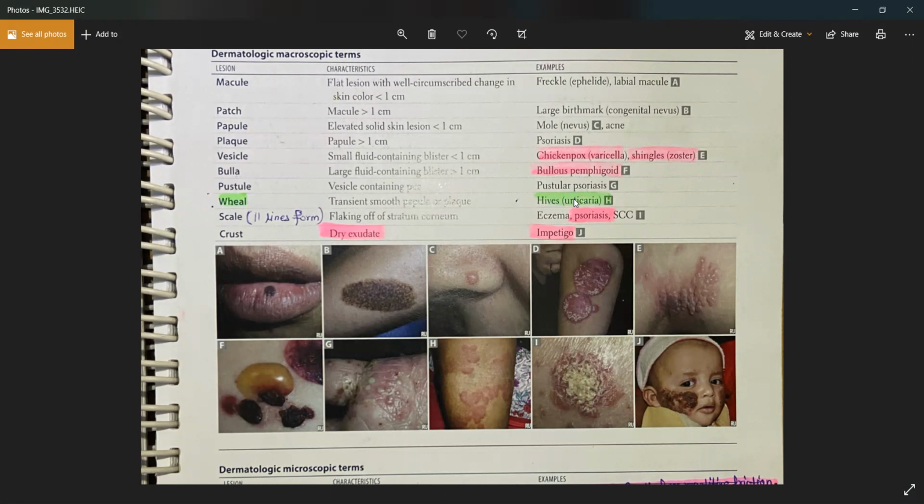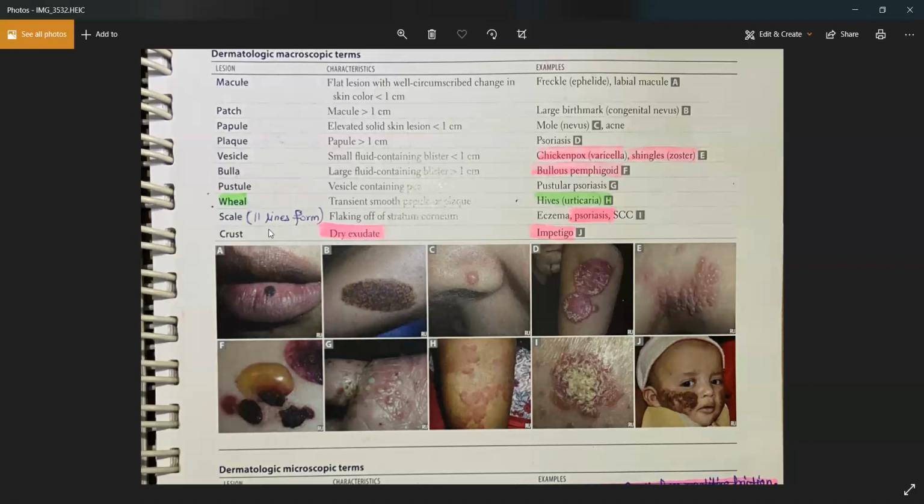And yeah, you will have the scales then, in which you have a plaque, and over that plaque some parallel lines are formed, right? And these parallel lines are known as the scales. Very important. So you can see these scales in psoriasis, in eczema, and in squamous cell carcinoma.